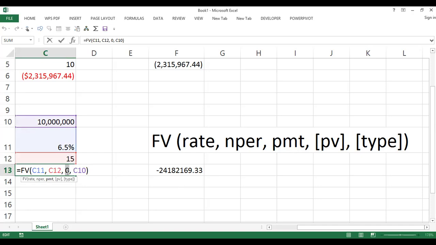I gave an example of pensions, where people make their payments every month gradually, and there's no initial huge deposit. So in such a case, the PV will be 0. That's the same as not specifying it at all. That was the test I was trying to give you earlier.